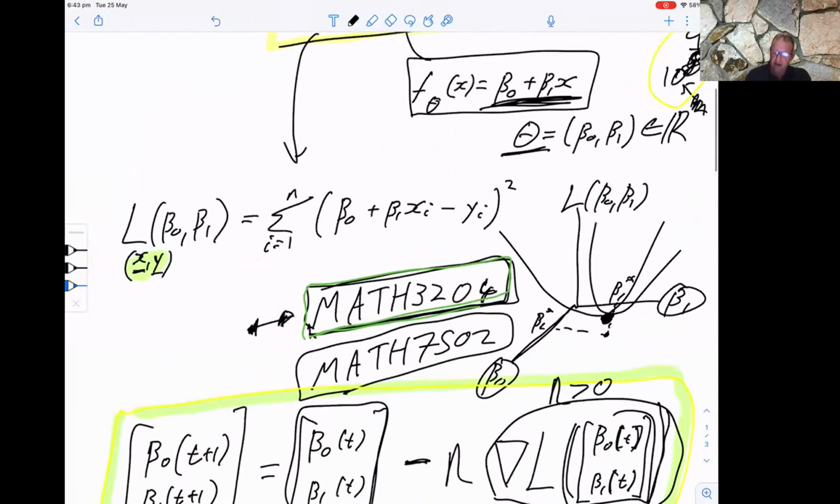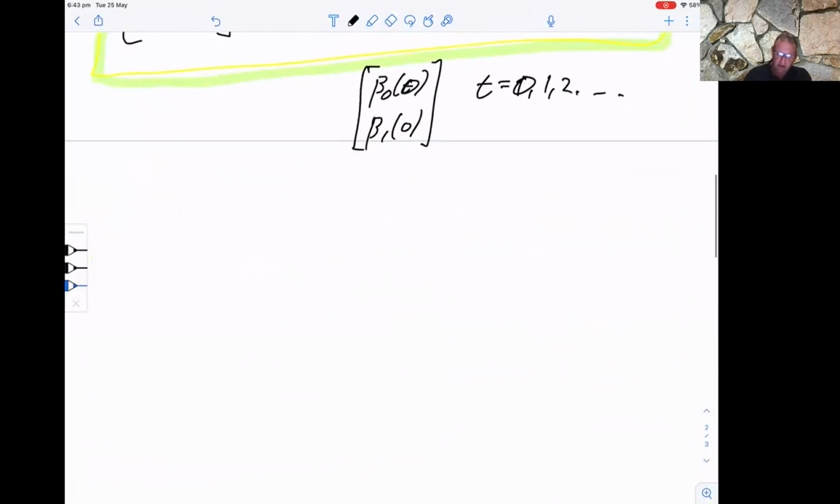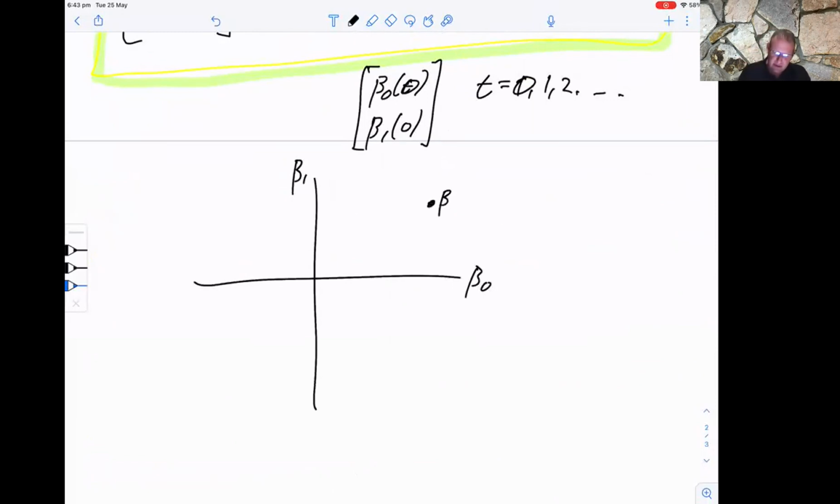Okay, so if instead of plotting it this way, we would plot now, let's call this the beta 0 axis and the beta 1 axis. These are your two parameters in this case. You might start in some point, let me just call this point beta 0. By beta 0, I mean the vector beta. Then you took a step in the direction which happened to be the gradient at that point.